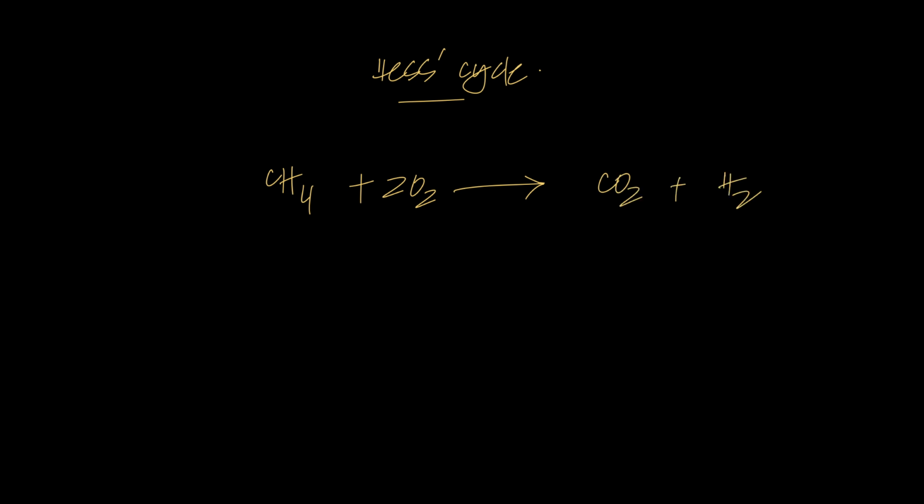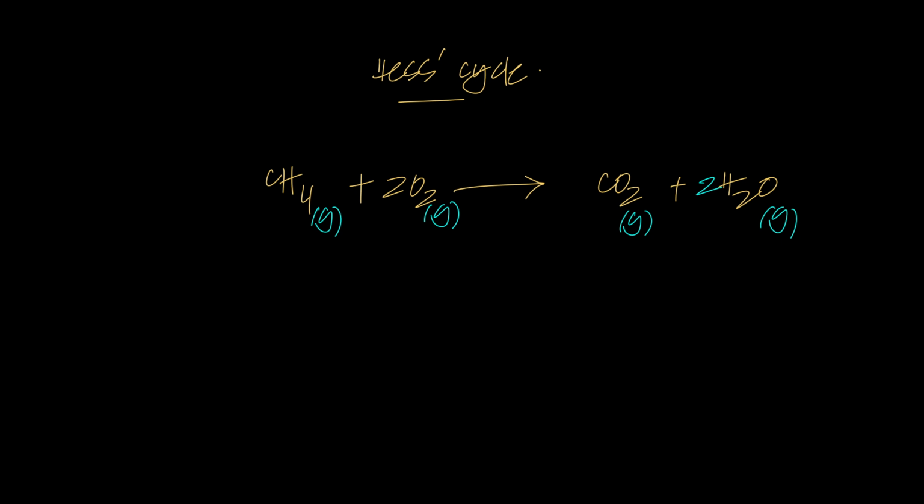But in A level, I've now taught you the Hess cycle, and we use the same idea: CH4 plus O2 gives you carbon dioxide and 2 moles of water, and please assume that they're all in their gaseous state, because bond enthalpies only work for gaseous states.